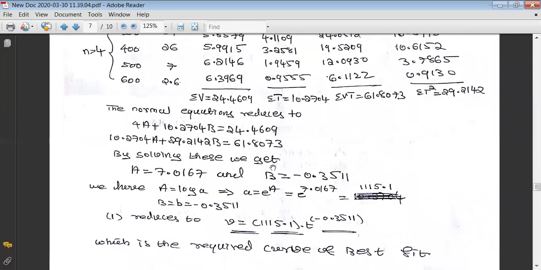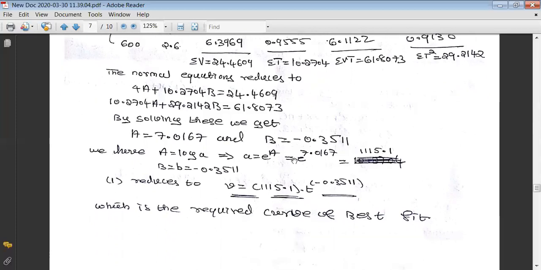Once you substitute these values in the normal equations and solve them, we get the values of capital A as 7.0167 and capital B as 0.3511. Now we know the relation between capital A and small a. Therefore, capital A equals log of small a.